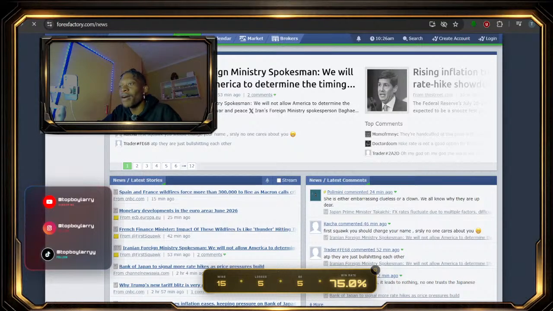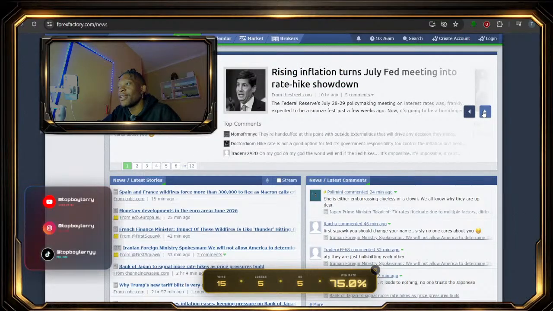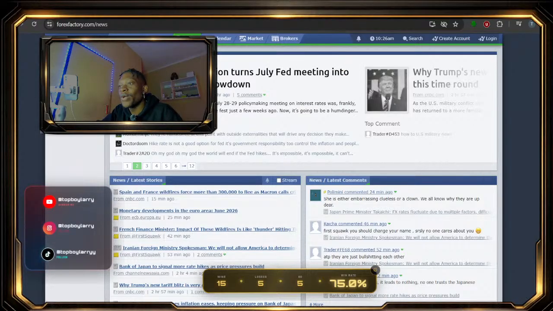Price is going to move up and down a lot, right? Iranian Foreign Ministry spokesman: we will not allow America to determine the timing. All right, nothing interesting for us here. Let's see. Yeah, this is what's interesting, right? On Wednesday, guys, raising inflation turns July Fed meeting into rate hike showdown.